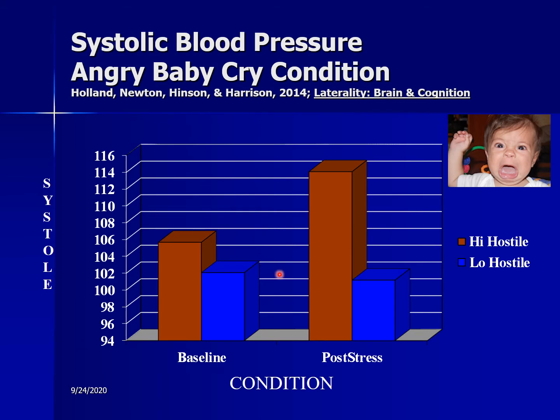So to make a more real-life example for you, you may have had the distinct pleasure of being around this fella when he's having a tantrum, okay? And there's hardly anything worse than an angry baby cry, in my view. But what happens to our low hostiles when they're exposed to an angry baby cry? They maintain control of their systolic blood pressure and heart rate.